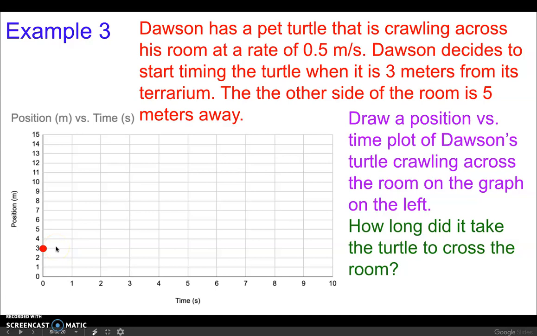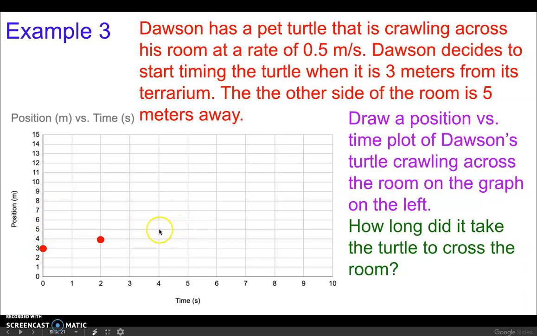So we can see that 0.5 meters per second, that means it'll take it 2 seconds to crawl 1 meter. And then the last important piece of information is that the other side of the room is 5 meters away. So it's going to end up at this position here, 8 meters away, right? 1, 2, 3, 4, 5.